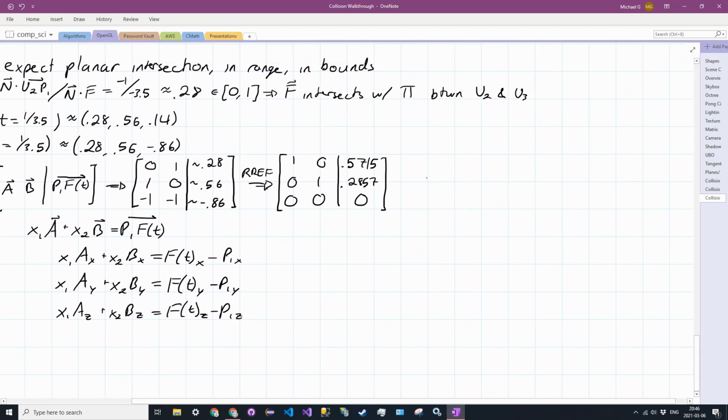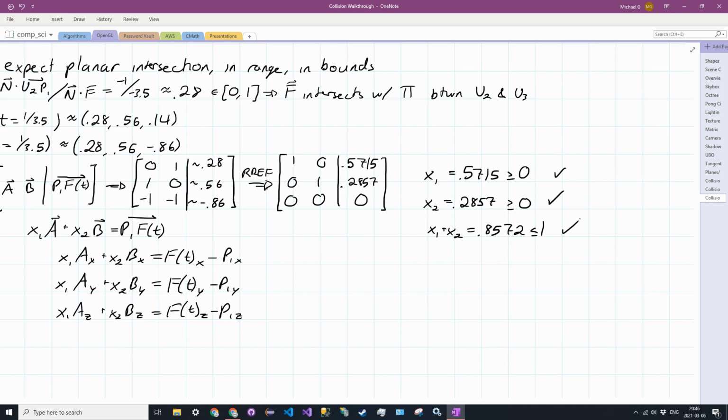So here we see that x1 is equal to 0.5715 and x2 is equal to 0.2857, and these are both greater than or equal to 0. And also, we see that x1 plus x2 is equal to 0.8572, which is less than or equal to 1. So it is in the triangle, and we found a collision.